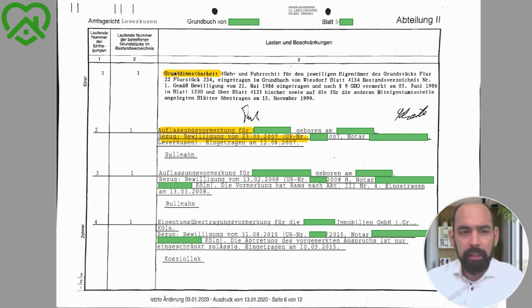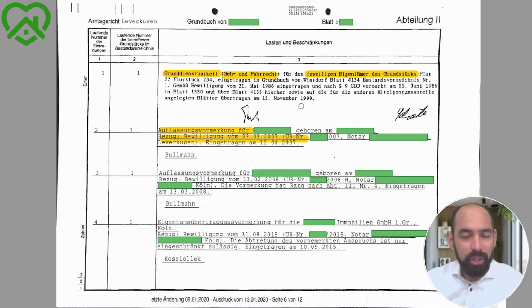Now, what does this mean? In this case, it's a Grunddienstbarkeit für Geh- und Fahrrecht, which means that other owners of the same plot, so everybody who's in the homeowners association along with me in that particular building, they are allowed to walk and drive on the plot, right?